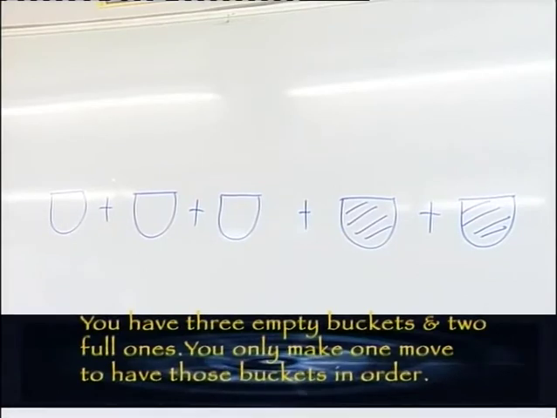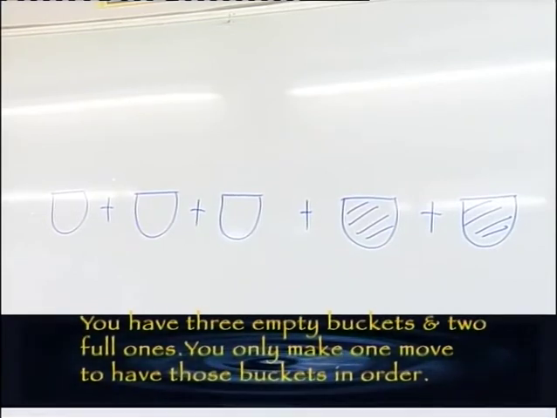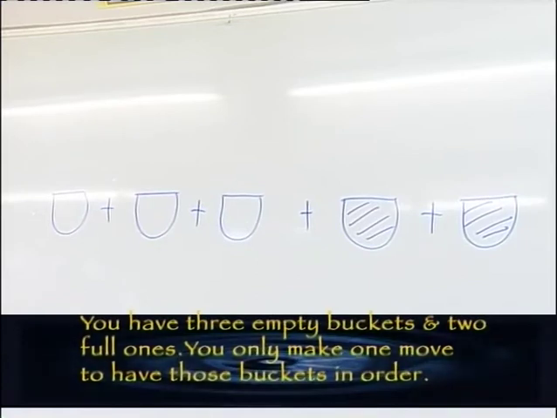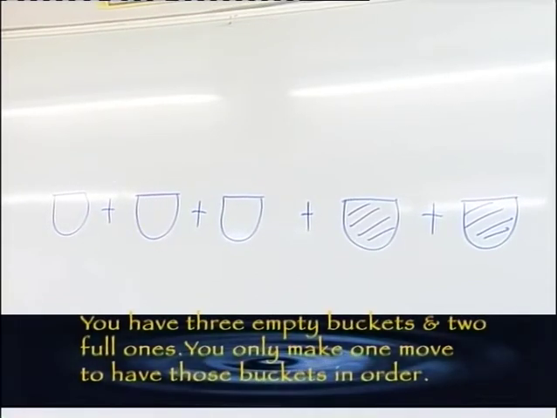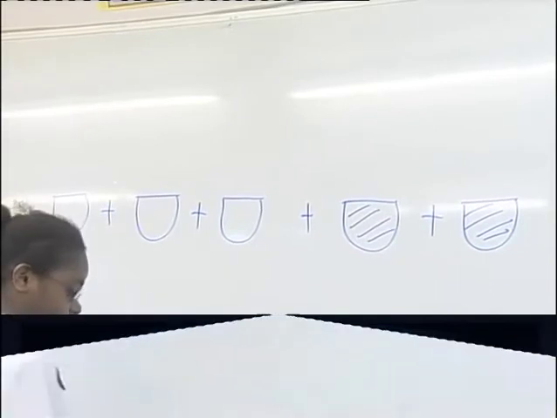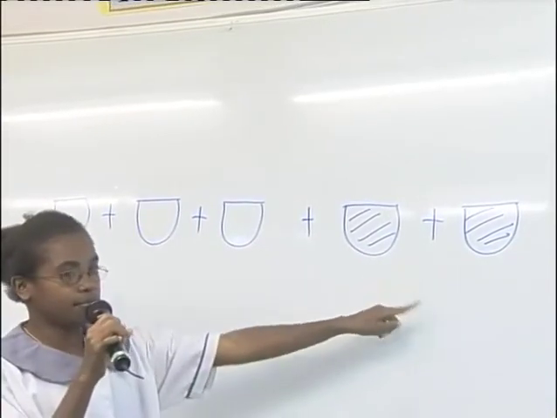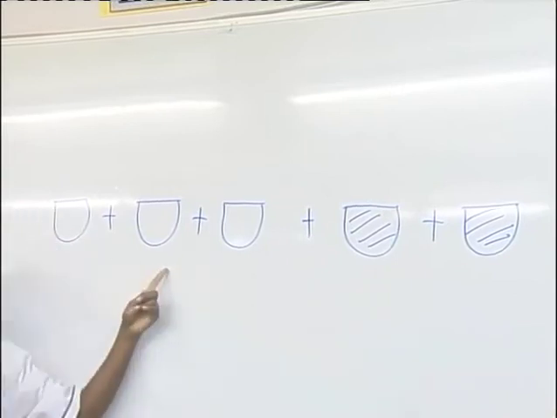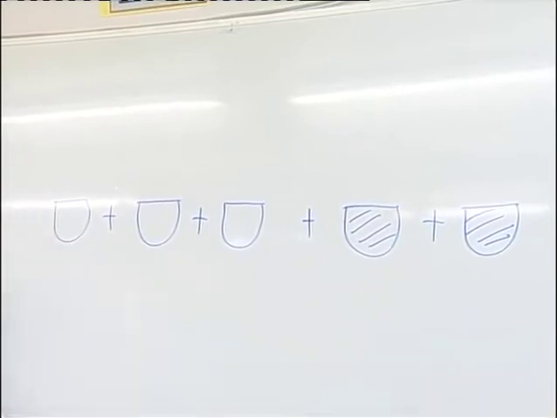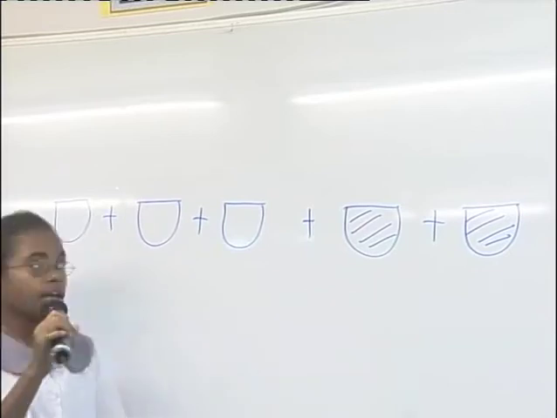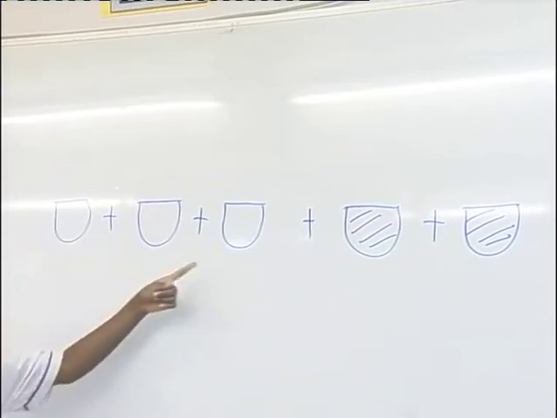Okay, Zimalin, quickly, go up to the front. Okay, you take one of these full buckets and put it into this middle bucket, and any one of these two, and you will have empty, full, empty, full.